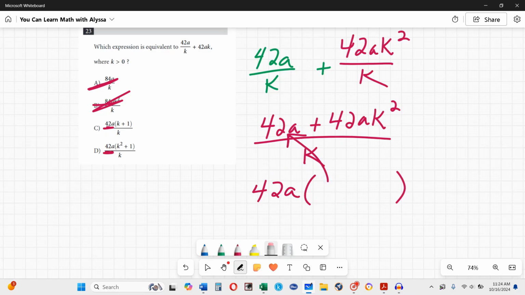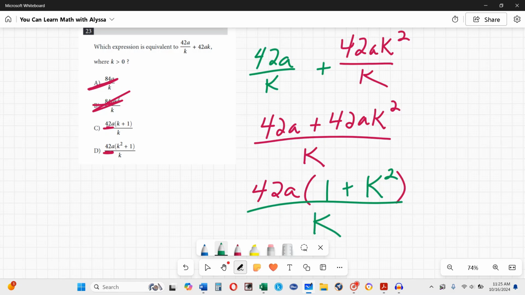Nope, we have to be able to multiply back, to get the same thing. So what you do in those cases is it's 1 because 42a times 1 equals 42a. Okay, now for the next one, 42ak squared. If I pull out that 42a, what's left is just the k squared. And that is all over k.